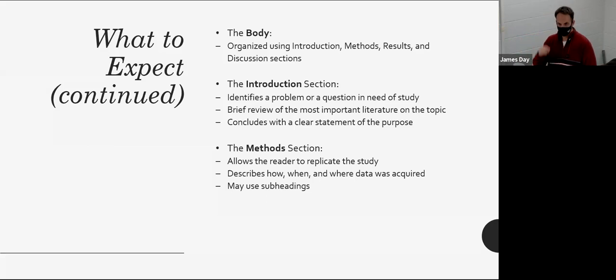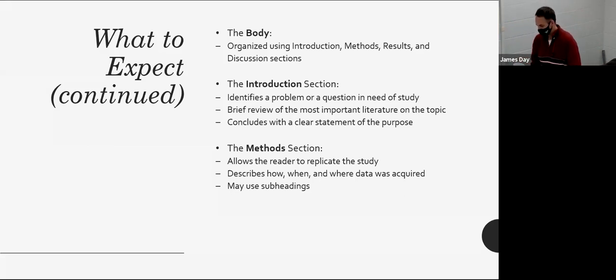Does that make sense? So if an article shows up in your reference page, the assumption is that you have read that article. Okay?